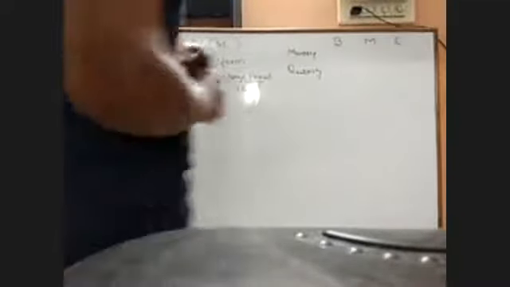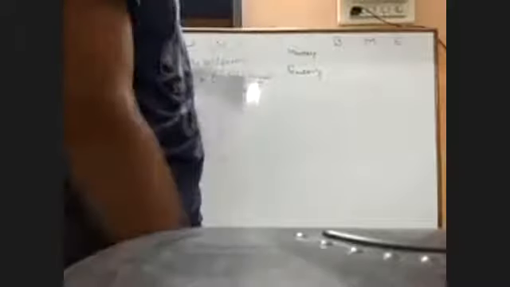One more thing you need to remember is what is meant by beginning. For a month, beginning means the first of that month. For a quarter, beginning means the beginning of that quarter. For example, our year starts from April.